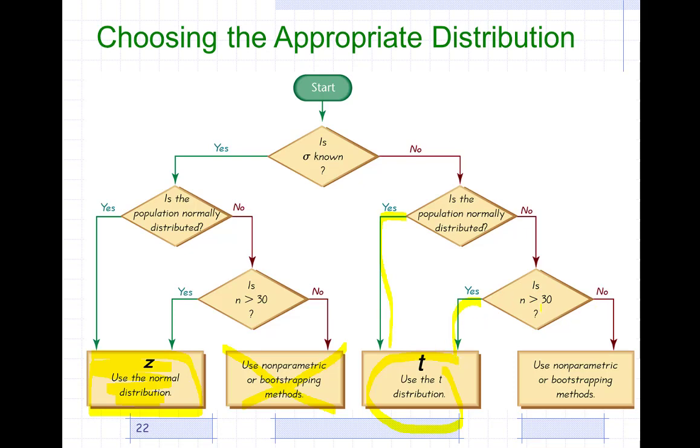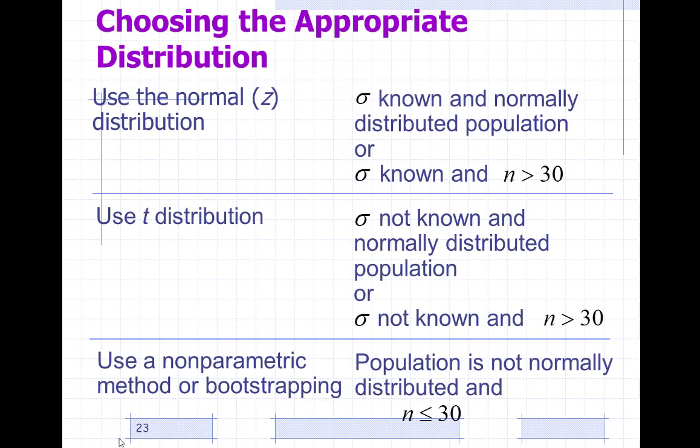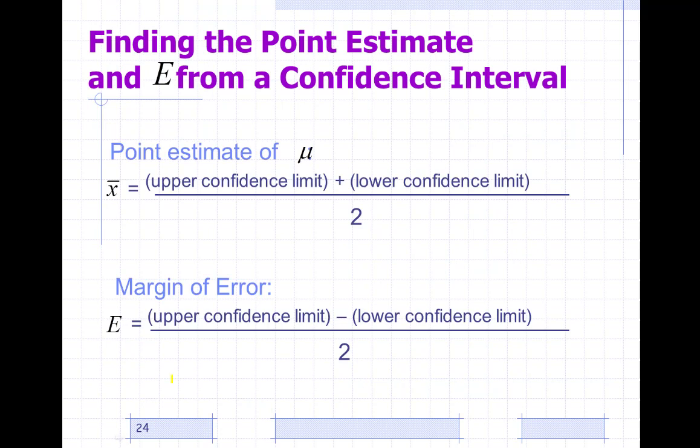And if we don't have more than 30, again, we'd use bootstrapping methods, and if you're interested in those, you can read the last section of chapter 7, I believe. So that gives you an idea of what will happen. So how do we know? This is a list that says exactly the same thing that our table did, but we're not going to talk about bootstrapping.